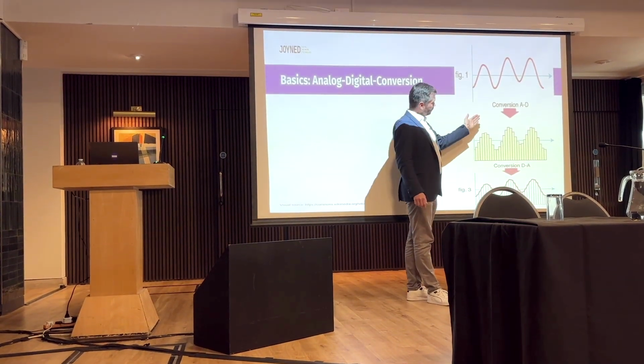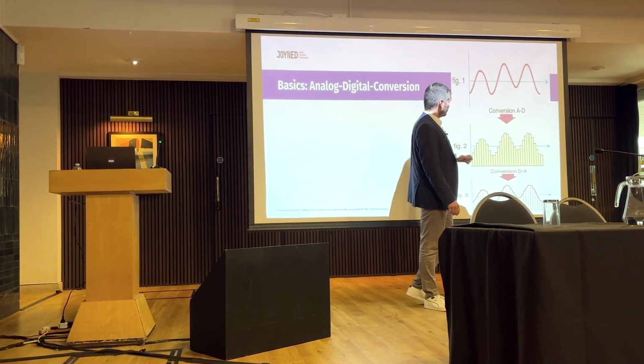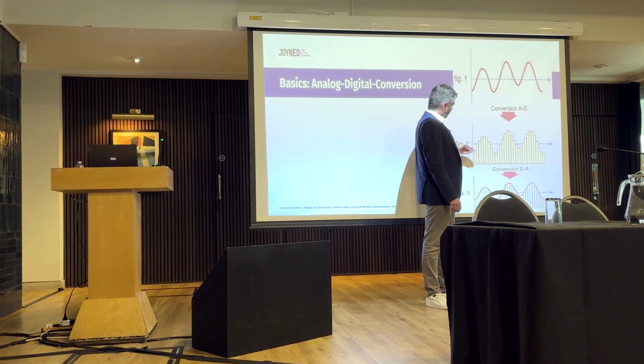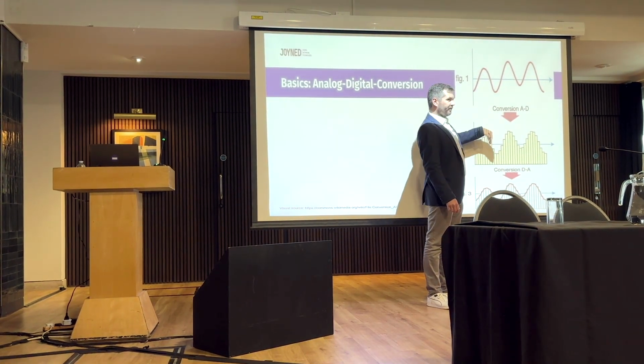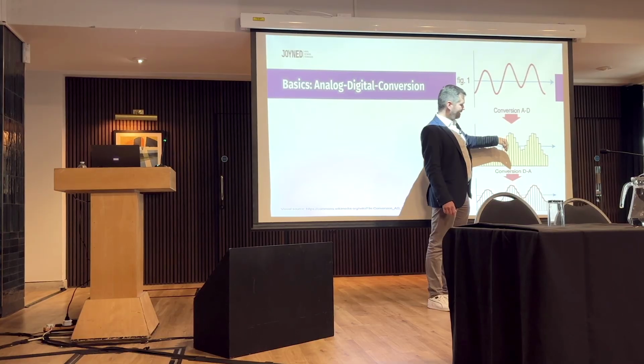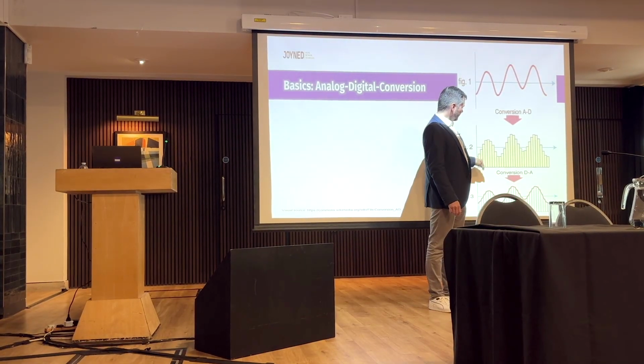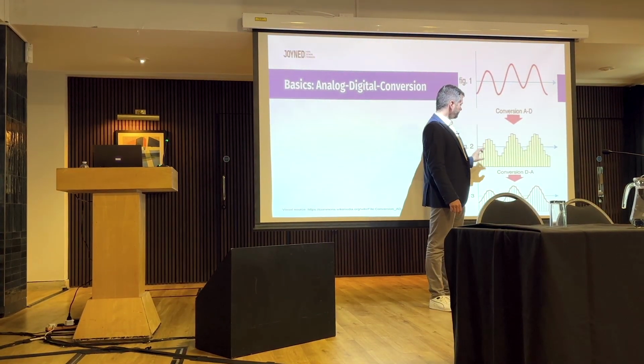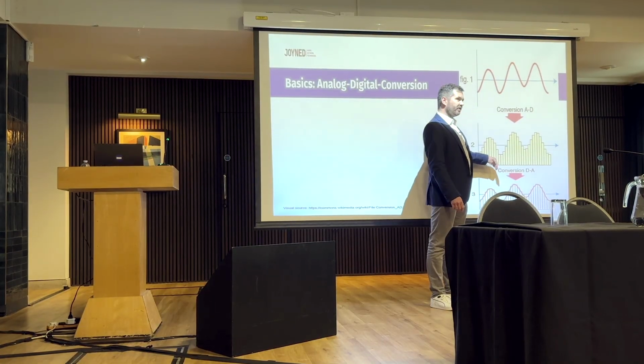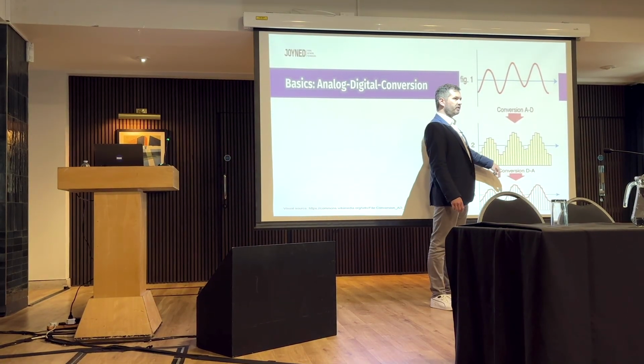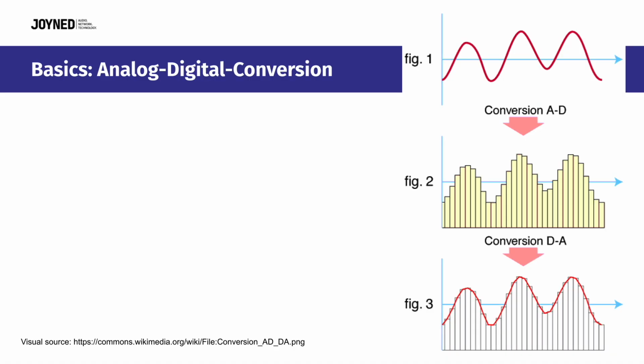And then when we want to convert that back to analog, we need to be exactly at the same time intervals to recreate this sampled value. If the timing here is slightly different, we will have an error in the reconstructed signal. That's just the basic for any AD-DA conversion.